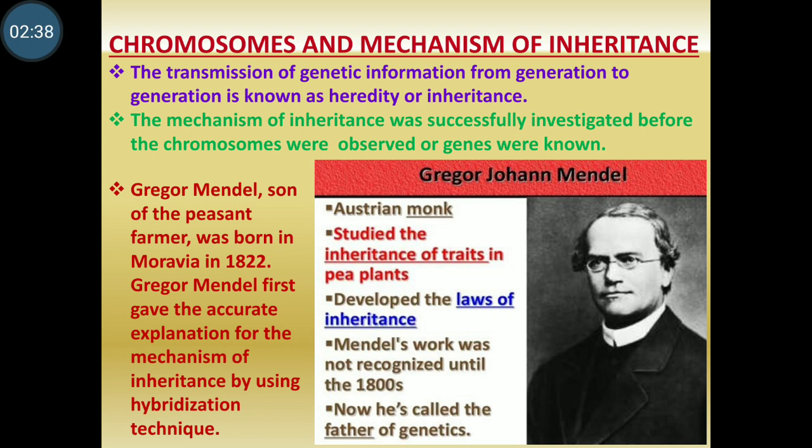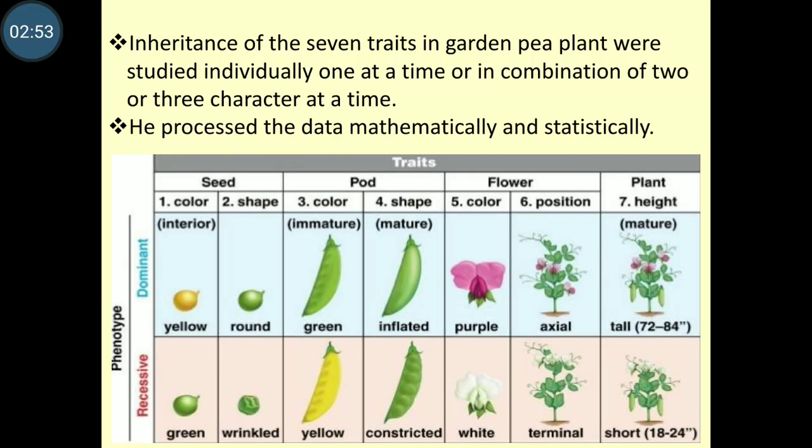You know that Gregor Mendel is called father of genetics. He was a son of farmer and he studied the inheritance of traits in pea plant. He discovered 7 contrasting characters in pea plant. So you can see here in the chart there are 7 different characters.